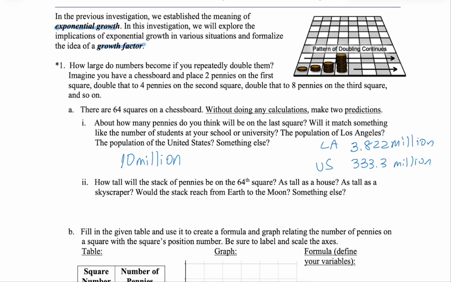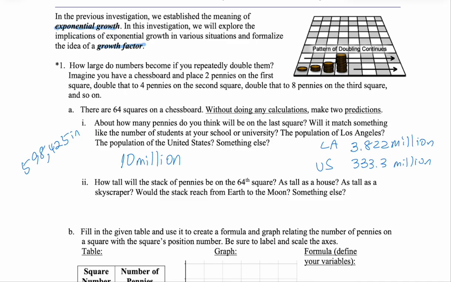So how tall would the stack of pennies be? Let's think, if the stack of pennies was 10 million high. Let's go back to that number for a minute. A penny, we're going to do some math here. The thickness of a penny, or 598,425 inches, give or take.